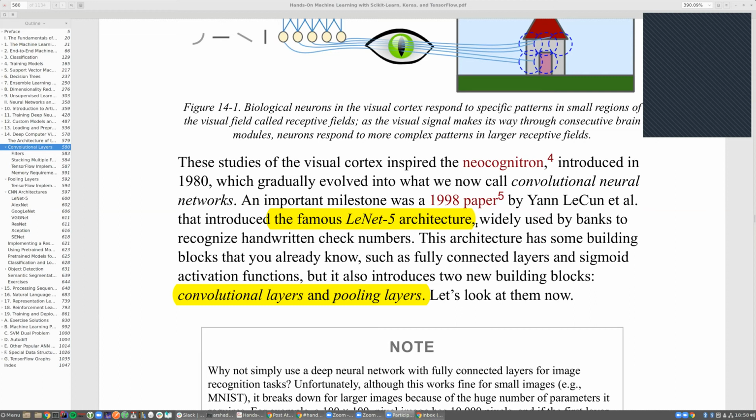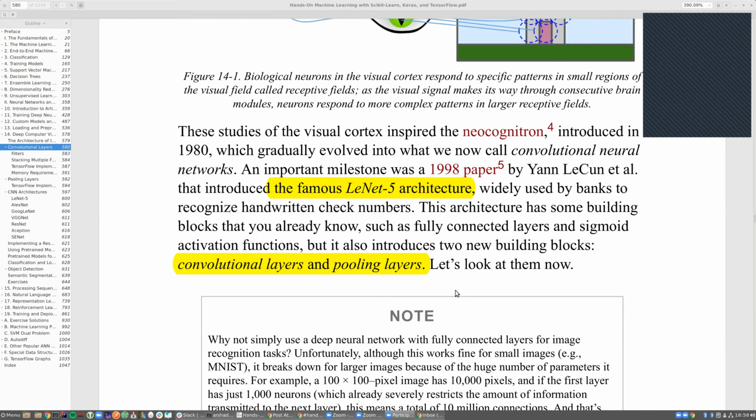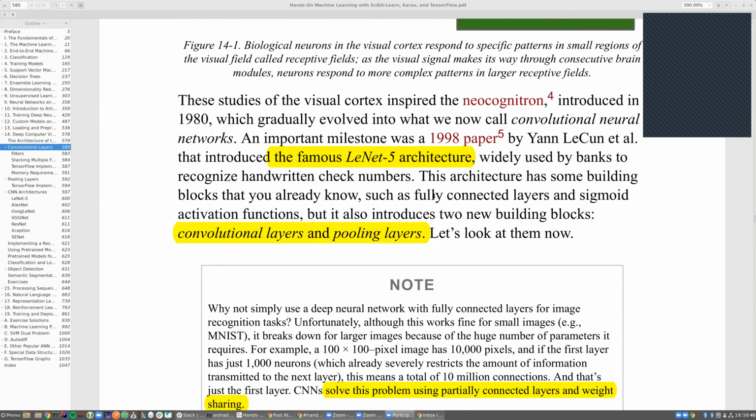You can download it. He also invented this algorithm which classified it and was used commercially by a lot of banks to recognize numbers on checks. His architecture introduced convolutional layers and pooling layers.